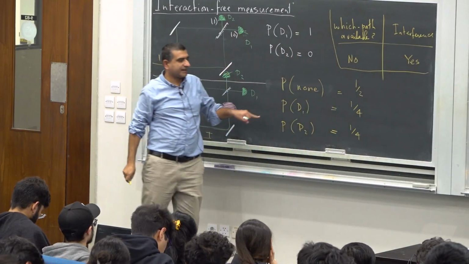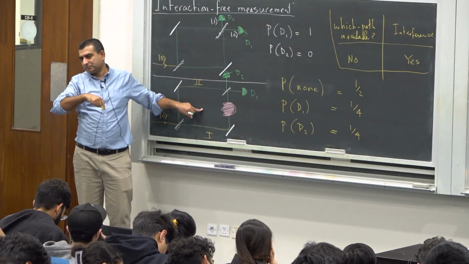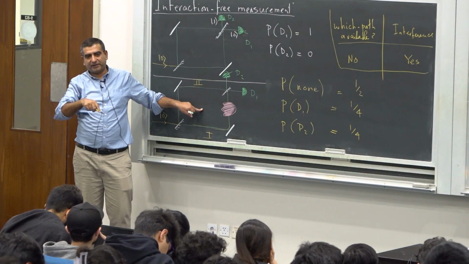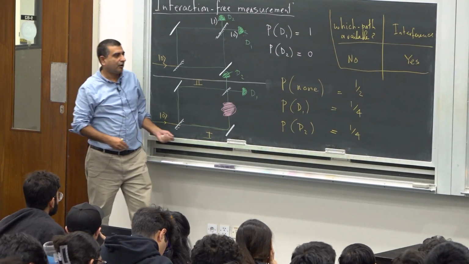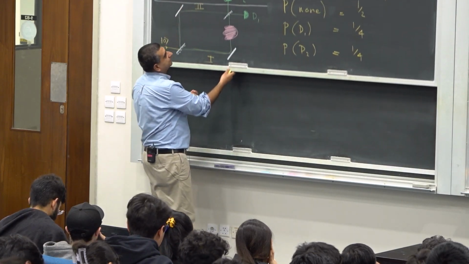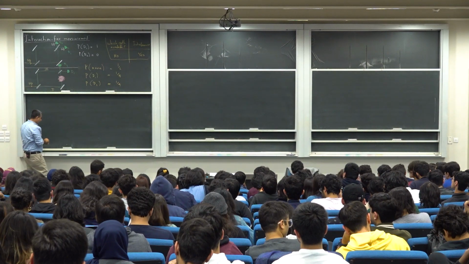In this particular example, the which path information is available, and we do not see interference, which means both of the detectors can click. All right, now let's come to this question again.